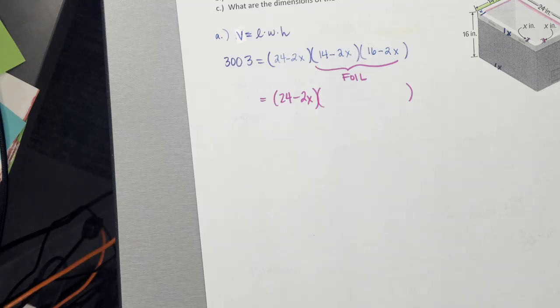But I had to count. Once you foil, let's go ahead and distribute that last one. And then combine your like terms.